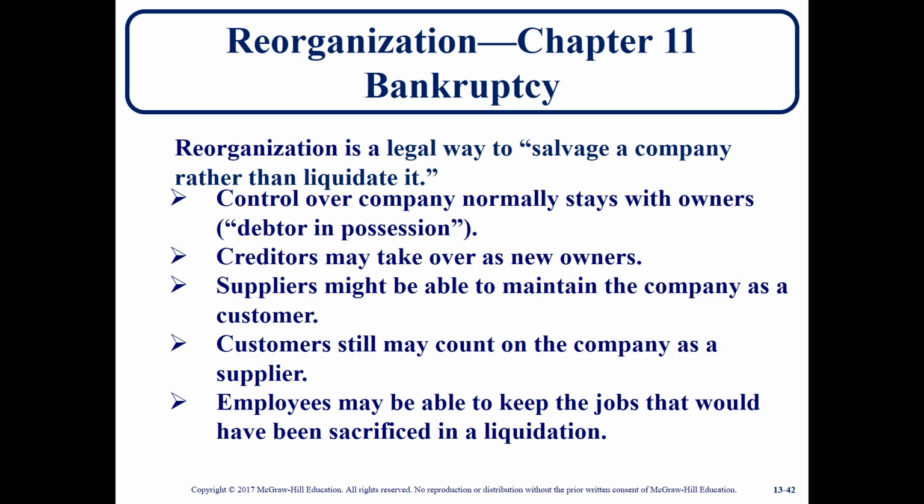And it's going to really be a debtor in possession. In certain situations, creditors can take over as new owners. Suppliers might be able to maintain the company as a customer. Customers still may count on the company as a supplier. Employees may be able to keep the jobs that would have been sacrificed in a liquidation.